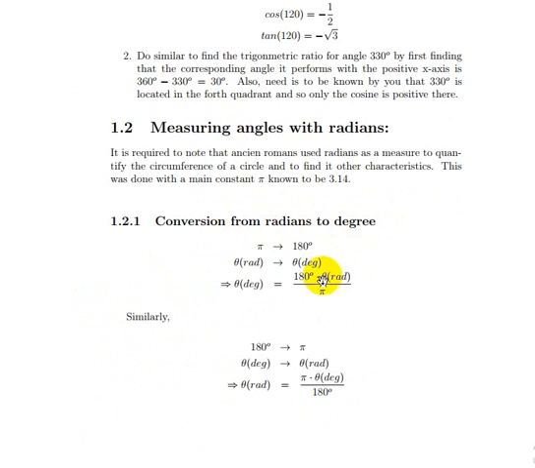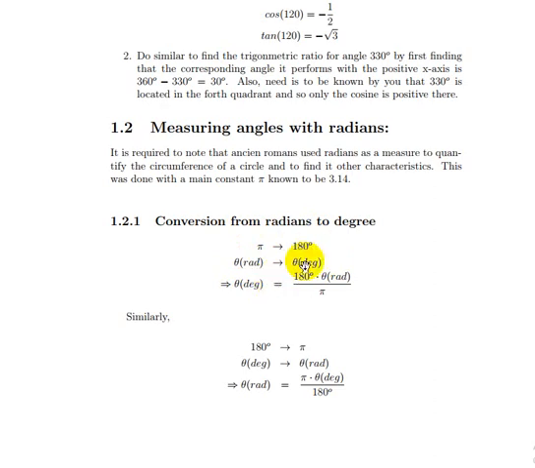In order to convert from radian to degree, the first thing to do is to say that pi corresponds to 180 degrees. On this side, you have angles in radians, and on this side, angles in degrees. So theta in radians corresponds to theta in degrees.